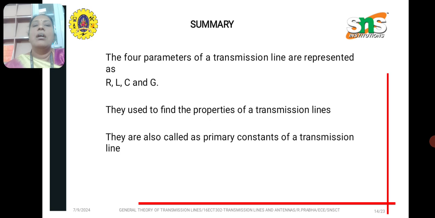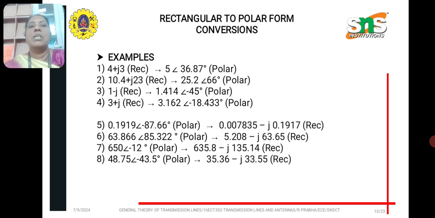And all these parameters are used to find the properties of the transmission line, and these are called primary constants of a transmission line. And also we have secondary constants of a transmission line: one is the characteristic impedance Z0 and another one is the propagation constant γ of a transmission line.